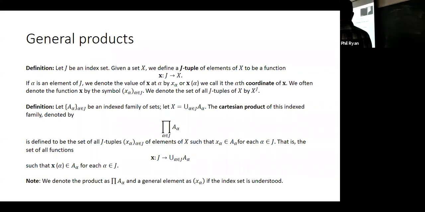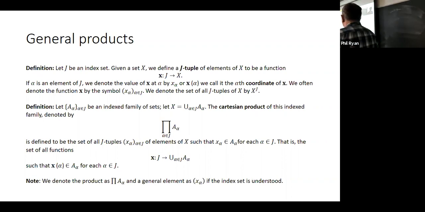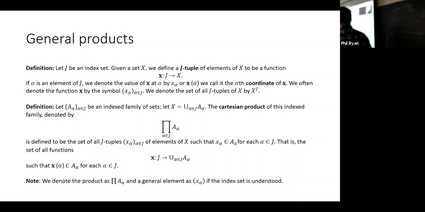Okay, so then once we've got this set of J tuples, we define the Cartesian product to be the set of those J tuples. So you can think of this as a tuple and X alpha in A alpha for each alpha.